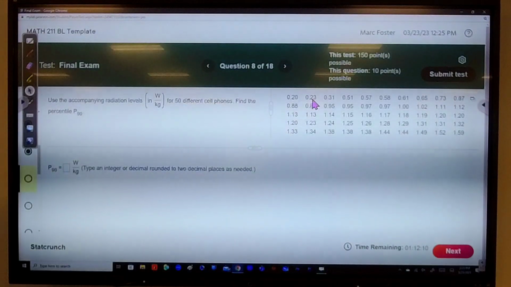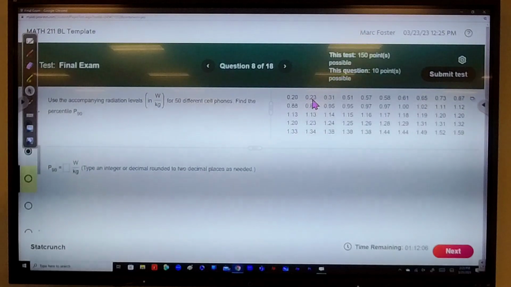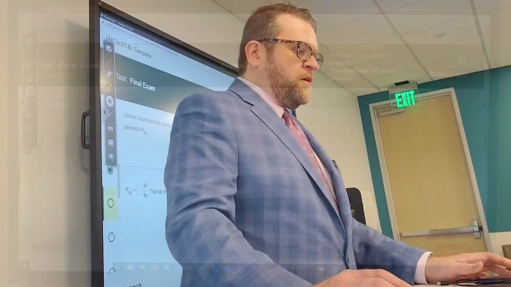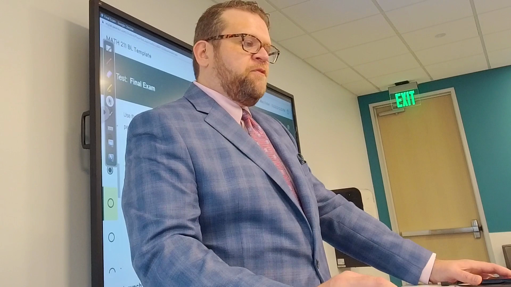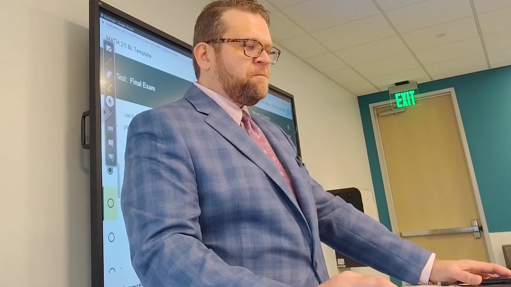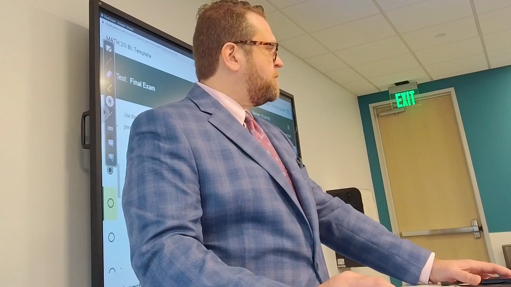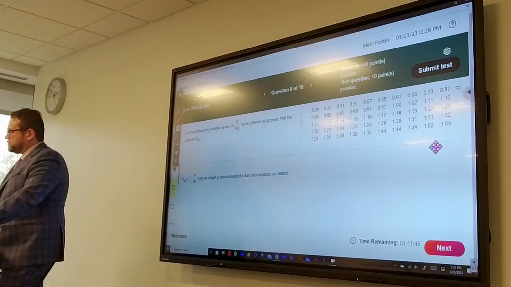Percentiles. Use the accompanying radiation levels for these 50 different cell phones. Find a number, not necessarily one of these data points, but a radiation level that is at the 90th percentile.